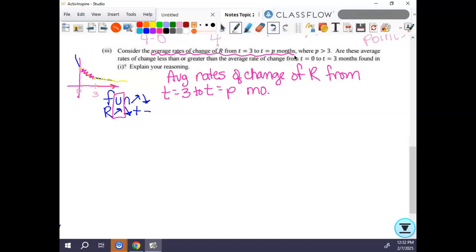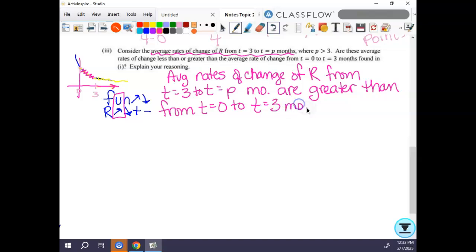Just restating it. I'm quite sure y'all are good at restating the question so you can answer it. Okay, so average rates of change of R from 3 to p months are, and we said they are what, greater than or less than? Greater than from t equals 0 to t equals 3 months. Okay. And again, just pretty much got that from the question.